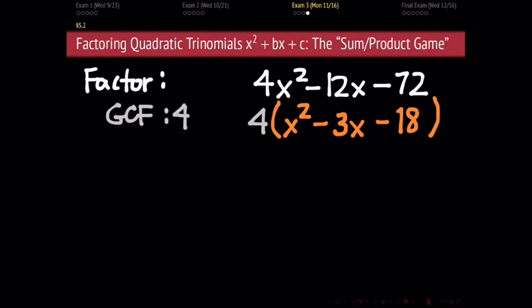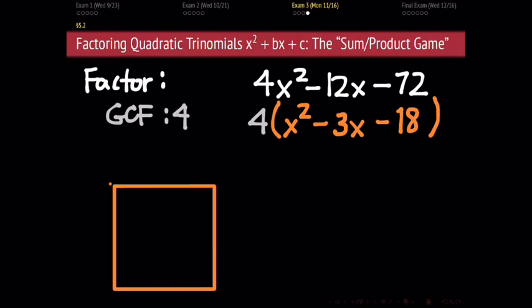And we can focus on x squared minus 3x minus 18. How can we factor that thing written in orange? What are we looking for? What do we need to find here? Yes, we need a pair of numbers which multiply together to give me negative 18 and which add to give me negative 3.